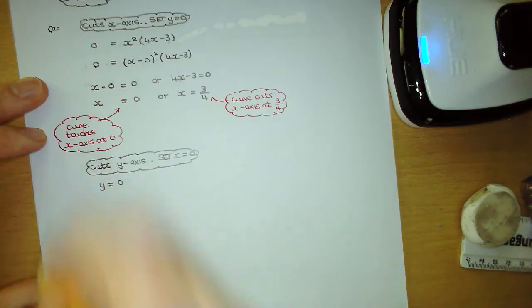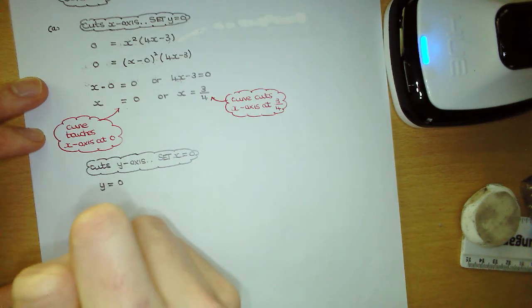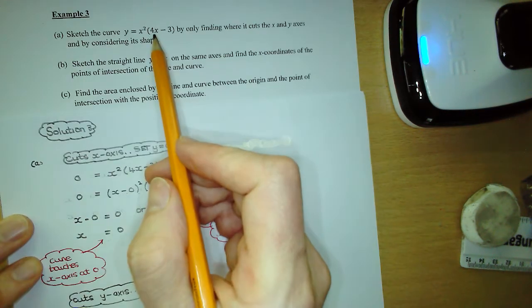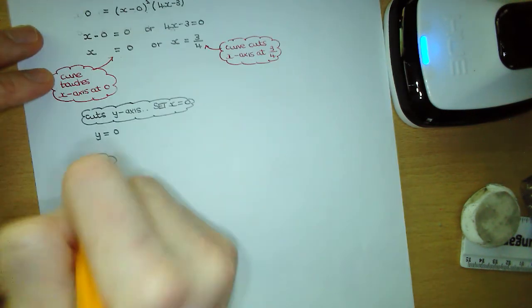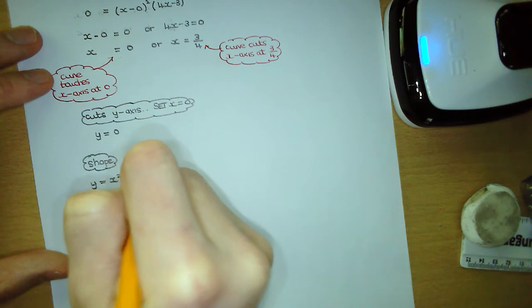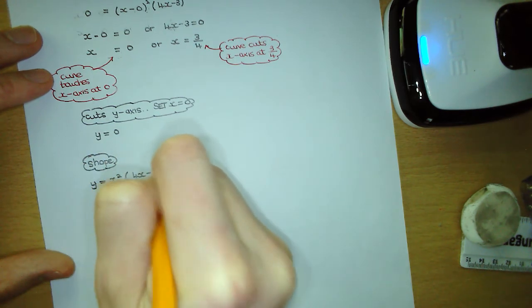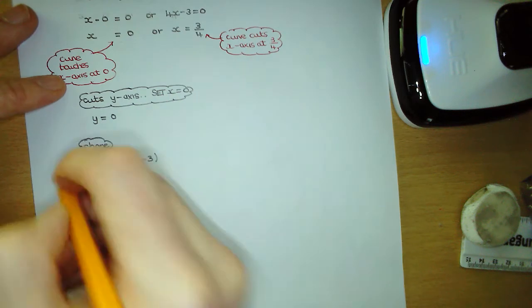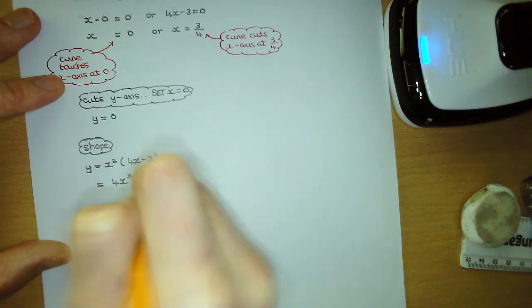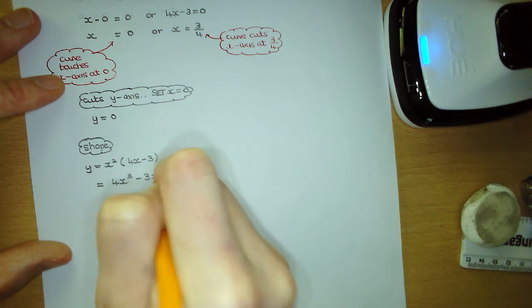And then what about its shape? It says also consider its shape. Well, if we copy out the equation, y equals x squared upon 4x minus 3. If we multiply out the brackets, so we're going to get y equals 4x cubed minus 3x squared.